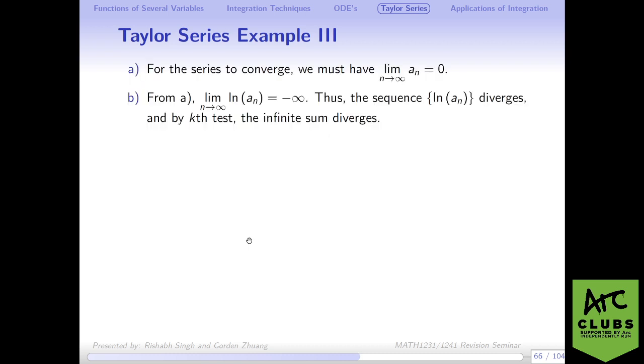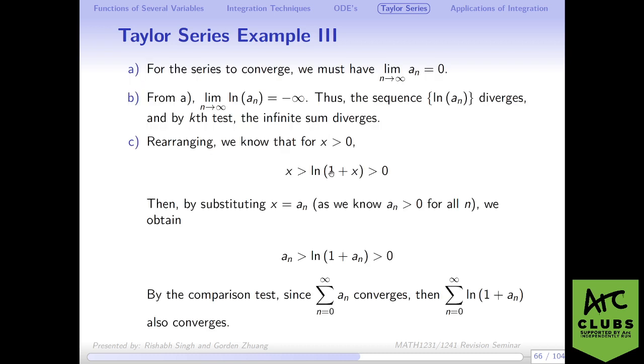If we rearrange, since x minus log of 1 plus x is positive, that means x is greater than log of 1 plus x. And since x is positive, this log is also greater than 0. So this is the condition we need to use the comparison test.